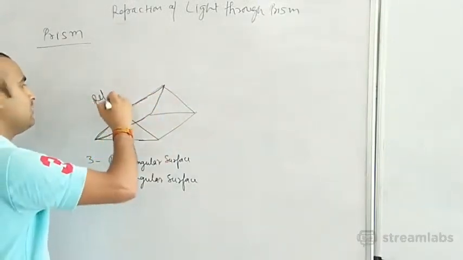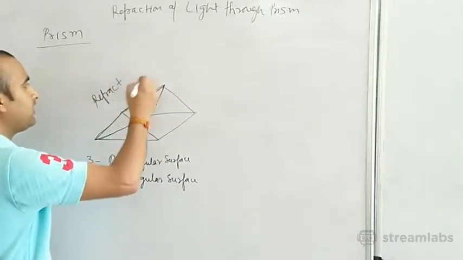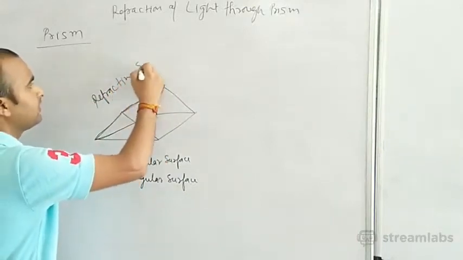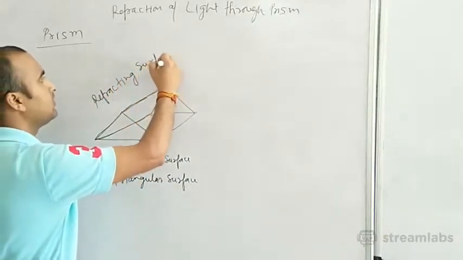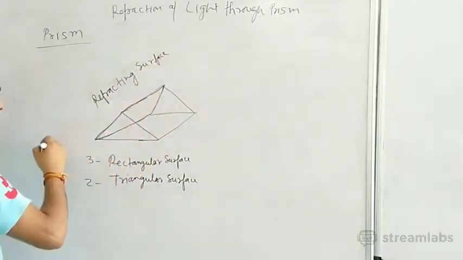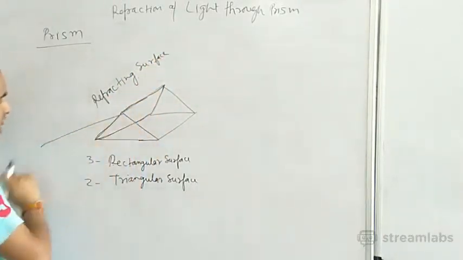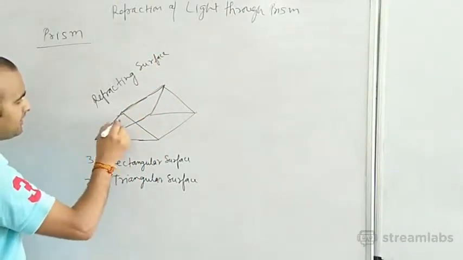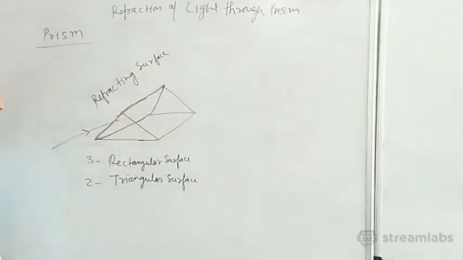This one is known as the refracting surface, because the light comes onto this surface this way. Light always comes onto this surface, so it is called the refracting surface.